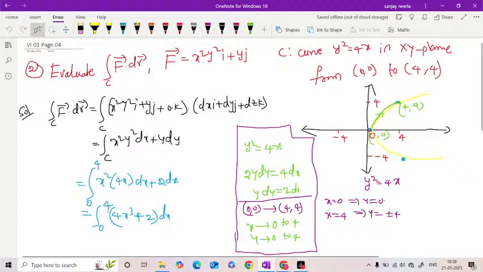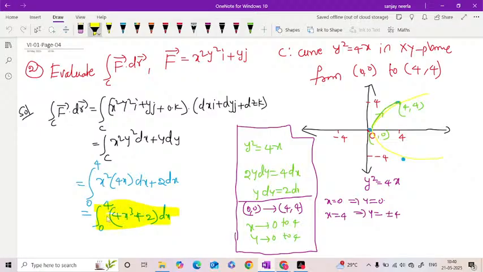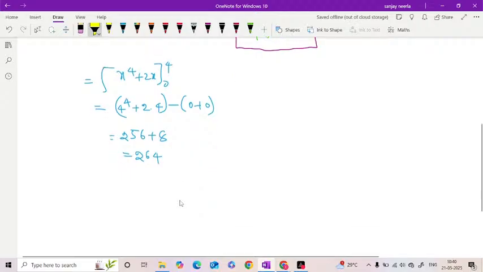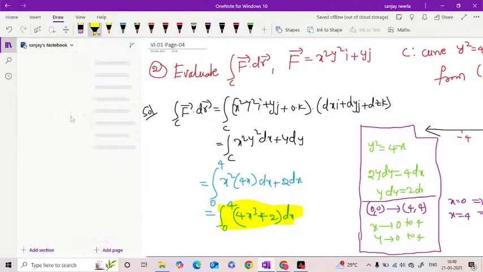So now, after converting in terms of x, we will get the integral from 0 to 4 of x cube plus 2 dx. Just do the normal integration. After doing the normal integration, we will get 264 as the result. So this is the second problem.